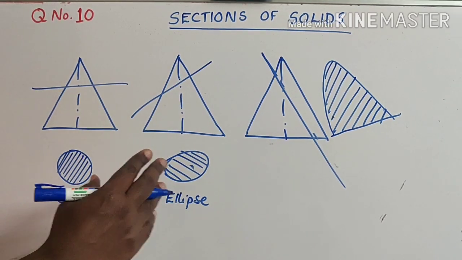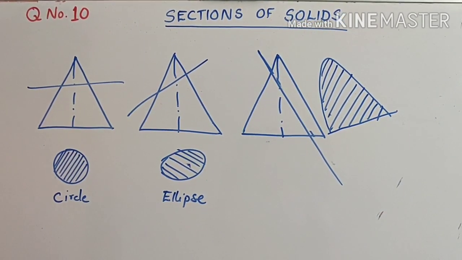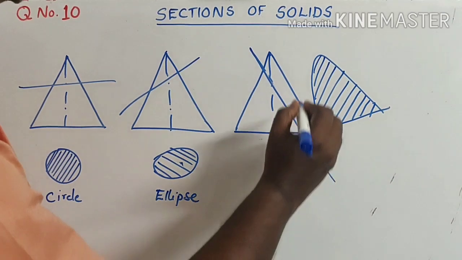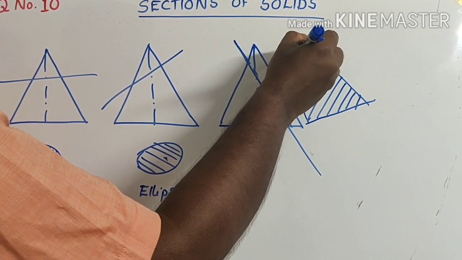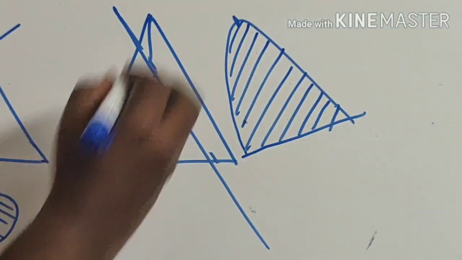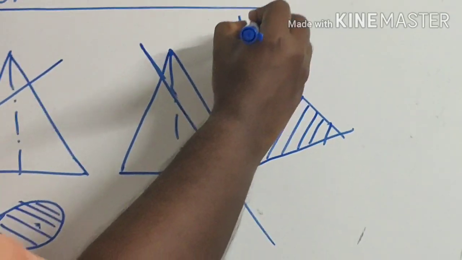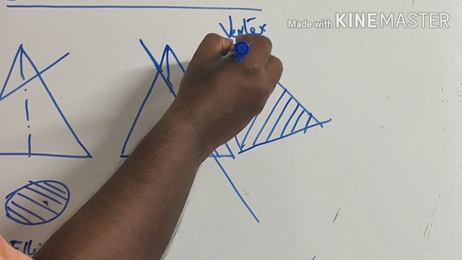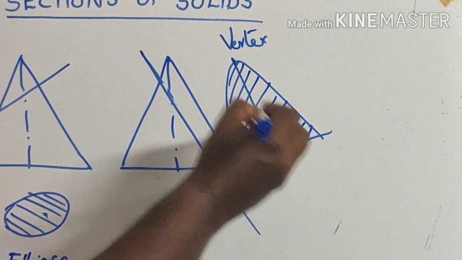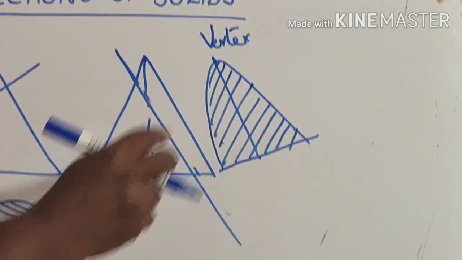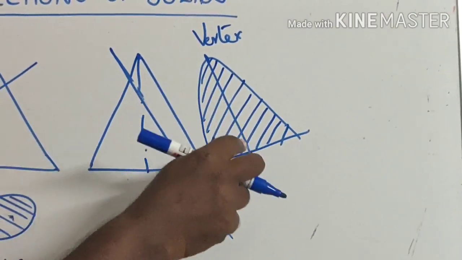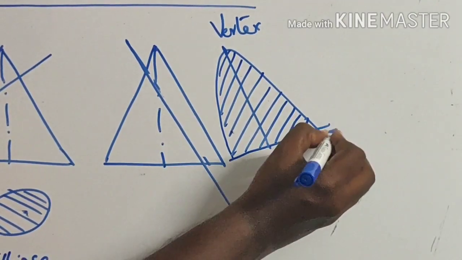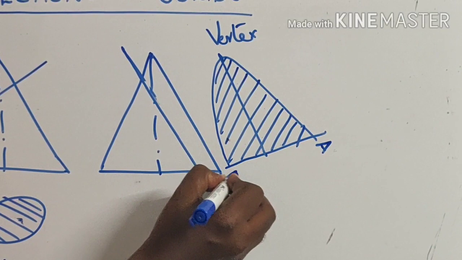So now we will discuss the parabola. For any parabola, this is known as the vertex. This is the vertex of the parabola. And this is the distance from the vertex to the double ordinate. Say, let this be AB.